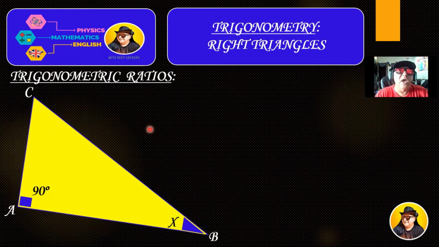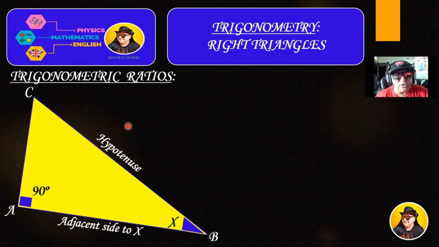Now the legs are going to receive different names. Pay attention. This is the hypotenuse because this is the largest side, and this is right in front of the right angle. And the other sides are the adjacent side to X, and the opposite side to X, okay?